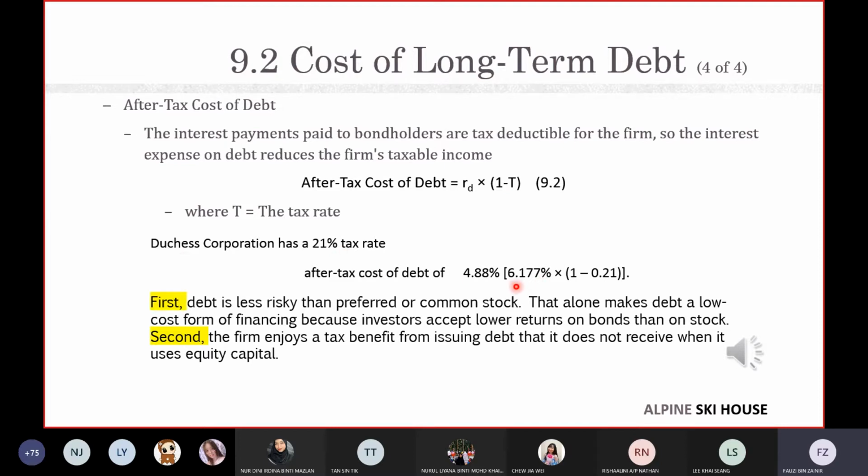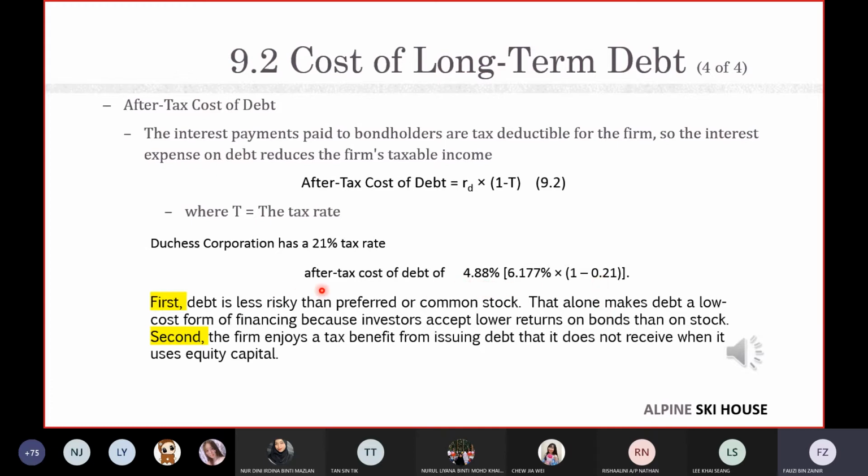Therefore, using the 6.177% before-tax debt cost calculated above and applying equation 9.2, we find an after-tax cost of debt of 4.88%, which is 6.177% times 1 minus the 21% tax rate.